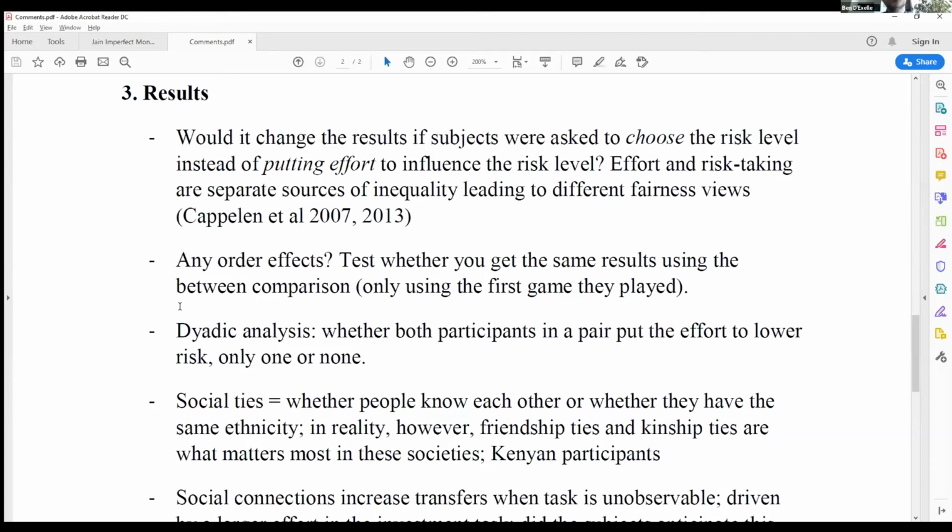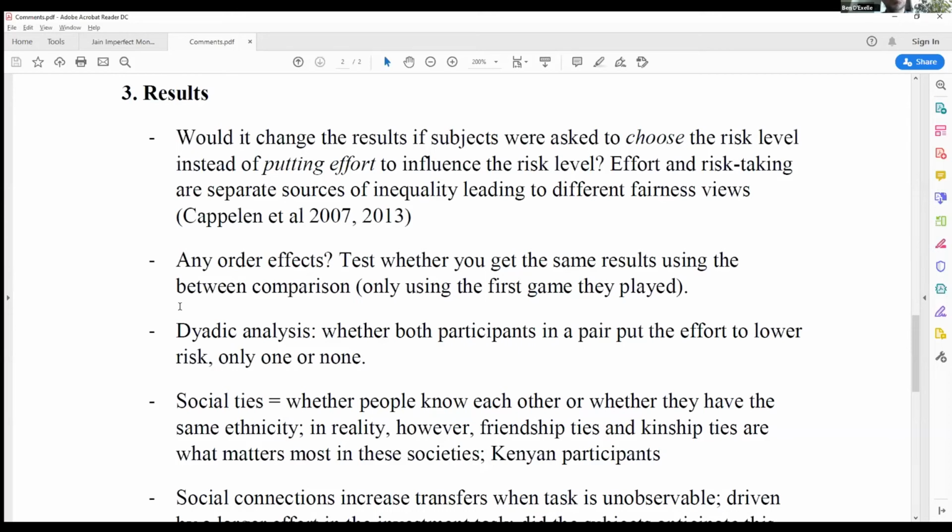There are no kinship ties. There are no friendship ties. The focus was really on whether they know each other, and I think an important dimension of social connections in these societies are kinship ties and friendship ties. That would have been a nice additional layer of analysis, of course.